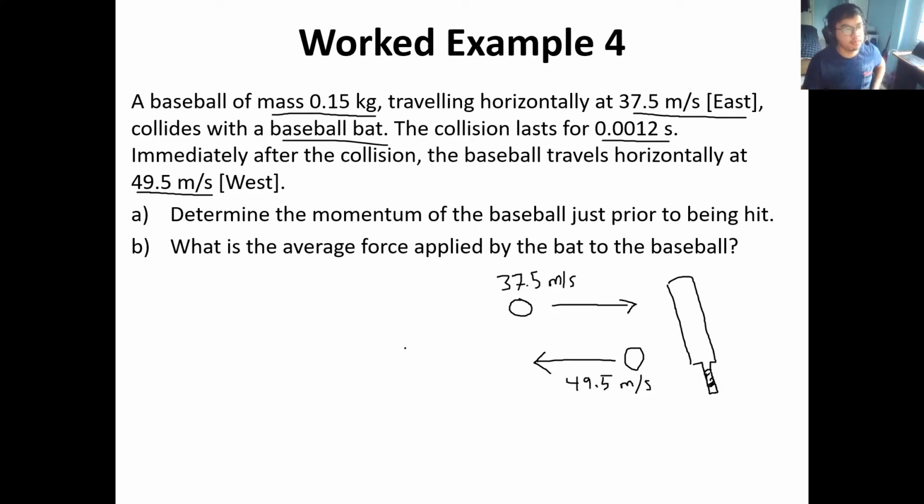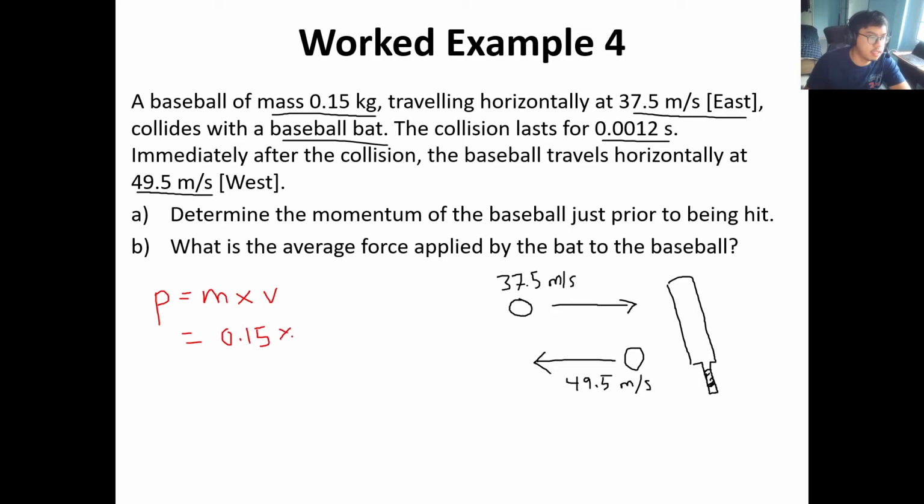Determine the momentum of the baseball just prior to being hit. So momentum is equal to mass times velocity, and the mass of the baseball is 0.15.